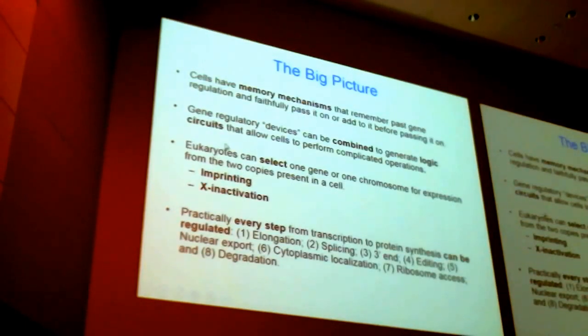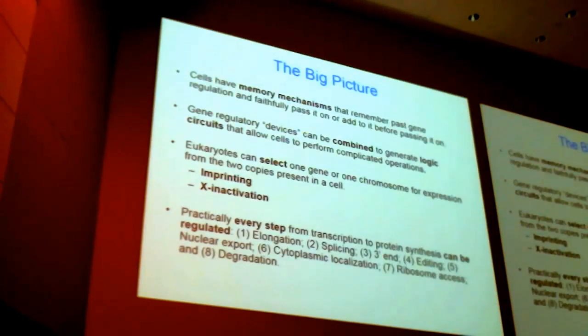And there are some extraordinary things that eukaryotes can do with the DNA information that's inside the cell. One of the most exciting things that are still being pursued actively and not yet fully understood is that eukaryotic cells can pick one of the two copies of DNA for making protein, which means we get our maternal copy and a paternal copy that's present in each of our cells, but the protein that's getting made can be made from just one of those copies.